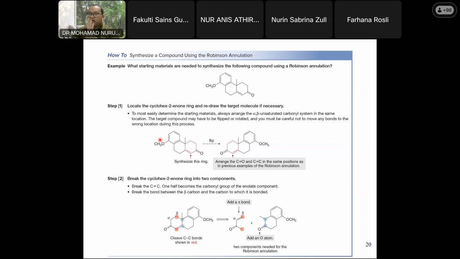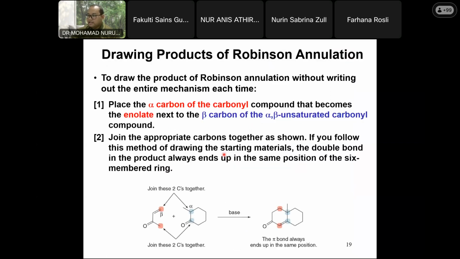So be careful when you are doing the retrosynthesis. Make sure all the substitutions exist, similar to the given structures. So in this case, you have to flip the compound into this position, as in these pictures.